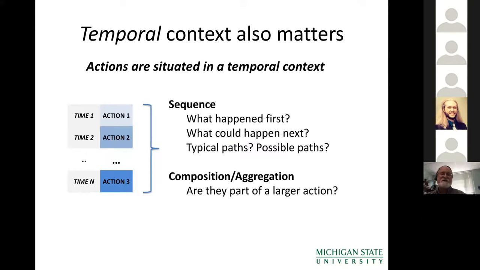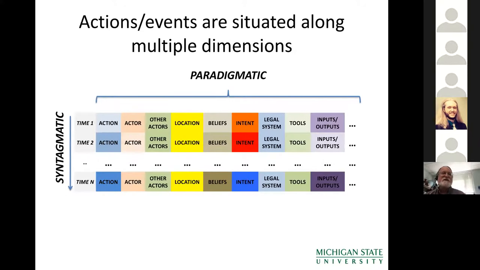And of course, as it says on the slide, composition and aggregation: you have certain kinds of things that are a combination of smaller events. Like this whole presentation is a combination of a lot of little slides. It's an aggregate. So together, you can say actions and events are situated along multiple dimensions.